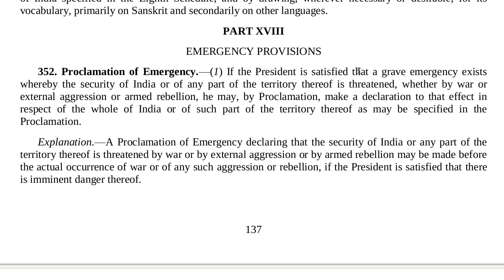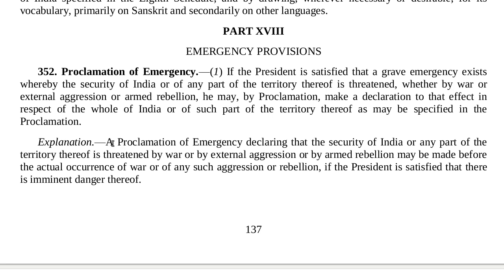If the President is satisfied that a grave emergency exists whereby the security of India or of any part of the territory thereof is threatened, whether by war or external aggression or armed rebellion, he may by proclamation make a declaration to that effect in respect of the whole of India or of such part of the territory thereof as may be specified in the proclamation.